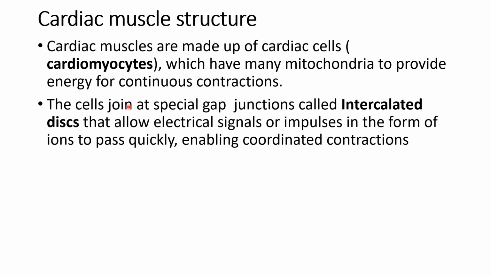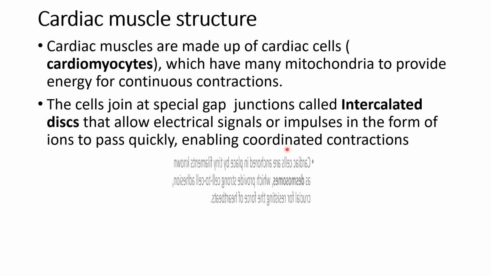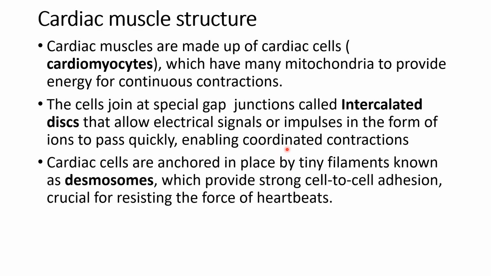The cells join at special gap junctions called the intercalated discs that allow electrical signals or impulses in the form of ions to pass quickly, enabling coordinated contractions. Cardiac cells are anchored in place by tiny filaments known as desmosomes, which provide strong cell-to-cell adhesion, crucial for resisting the force of the heartbeat.